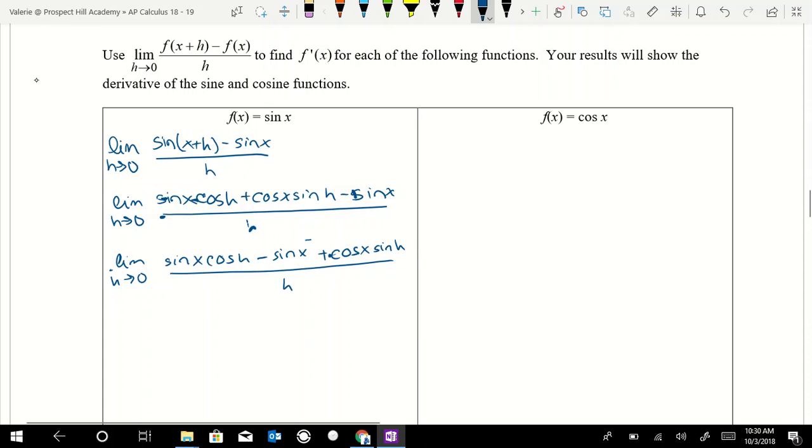So here we can factor out a sine from both terms. So we'll get the limit as h approaches 0, sine x times cosine h minus 1, plus cosine x sine h, all over h.